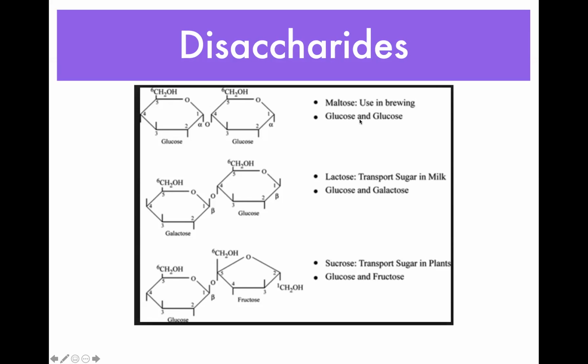Jot that down. Lactose is made from glucose and galactose. These are both monosaccharides. Lactose is made from joining glucose and galactose. And then sucrose is made from joining glucose and fructose. Jot those down.